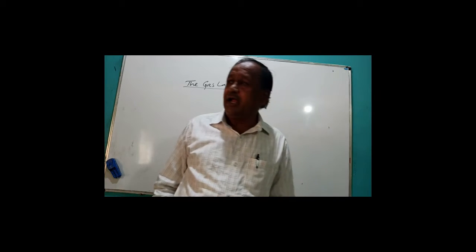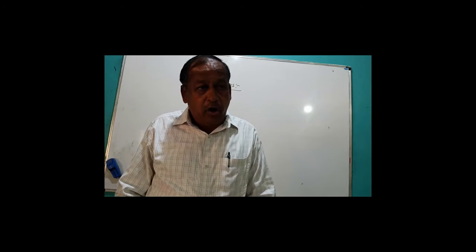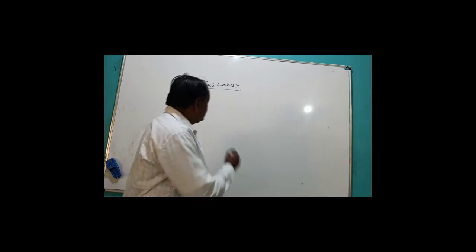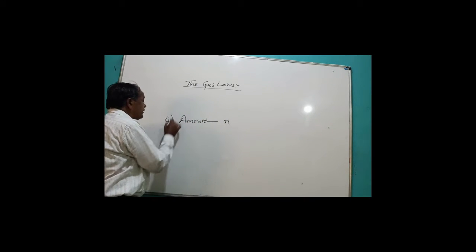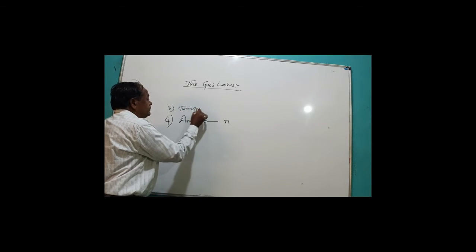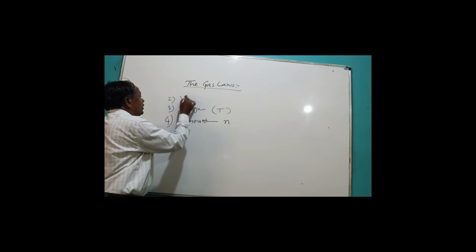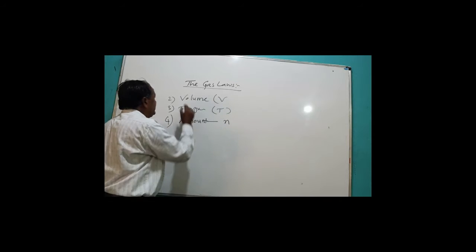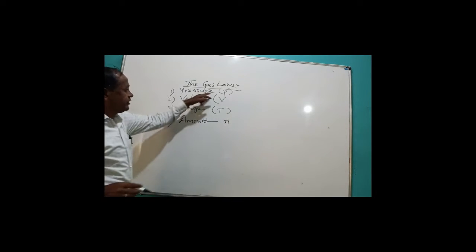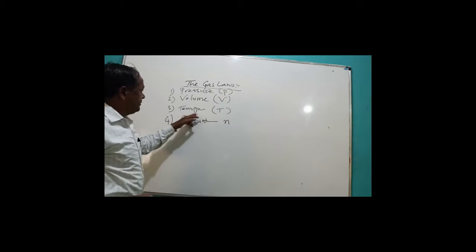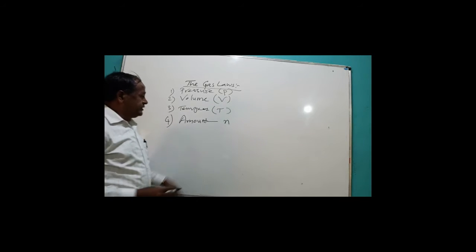Pressure is denoted by capital P. Volume is denoted by capital V. Temperature is denoted by capital T. And the amount of substance is denoted by small m.